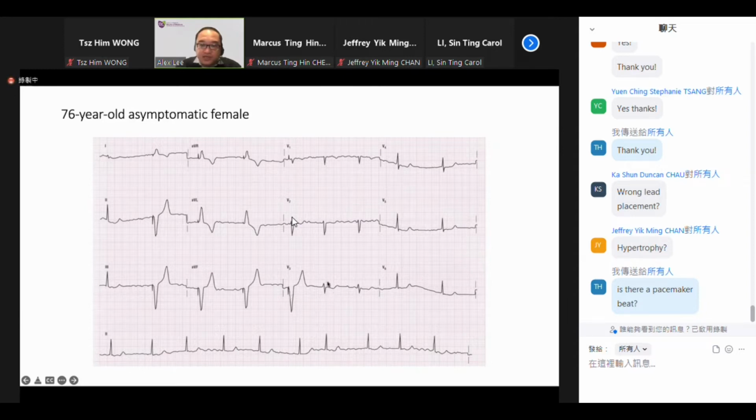But here, when the patient's intrinsic rhythm happens, the pacemaker does not pace. There's no pacemaker spike before or around this ventricular beat because the pacemaker is sensing the patient's own intrinsic ventricular rhythm. Therefore, the pacemaker is sensing normally also on this ECG.